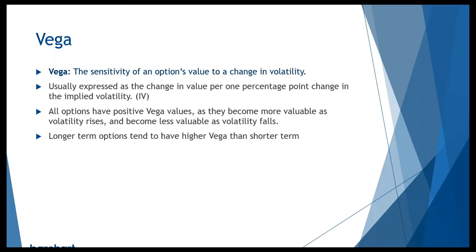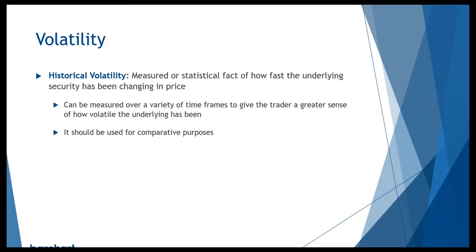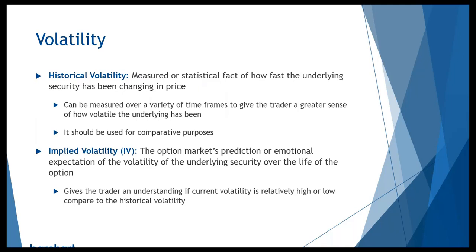Longer term options tend to have, we talked about that. So understanding our implied volatility in a historical sense gives a trader a better understanding of whether current volatility is relatively high or low, and that would lead us to trading opportunities, all right?